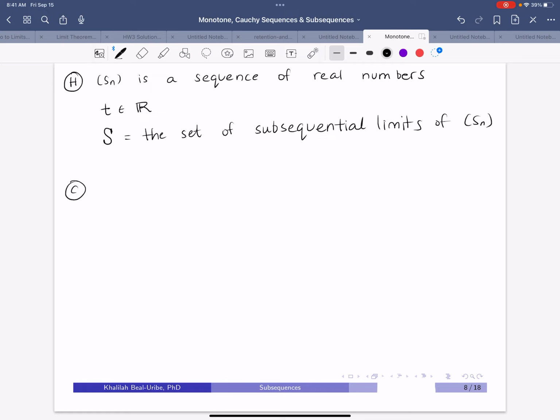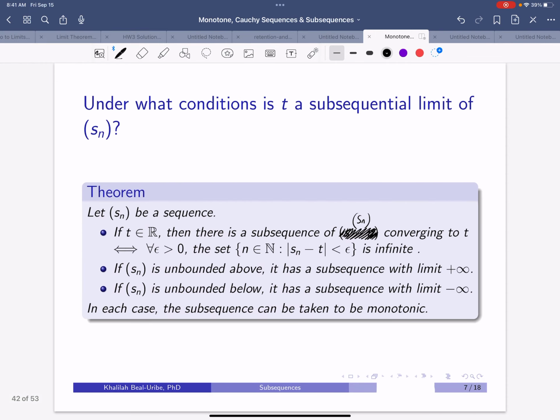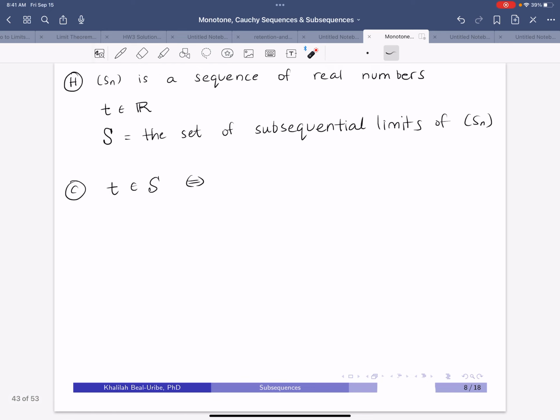So the claim: T belongs to S if and only if for every epsilon greater than 0, this set is infinite. So for every epsilon greater than 0, the set of n such that the distance between Sn and T is less than epsilon is infinite.